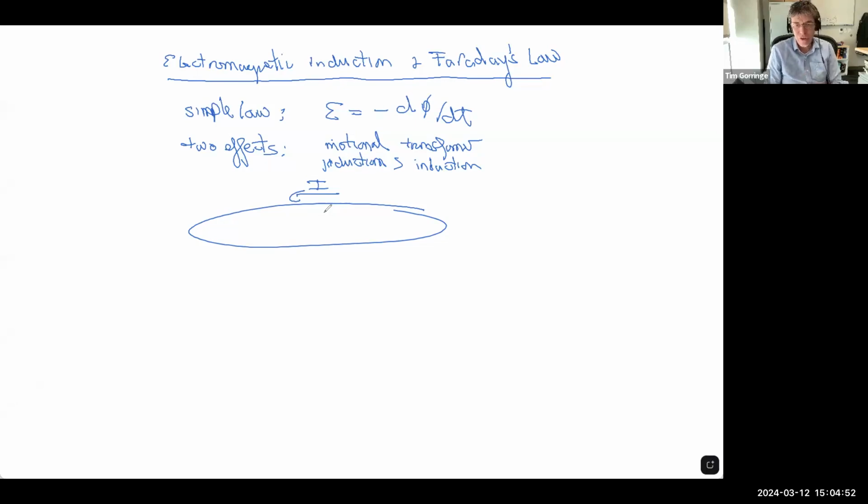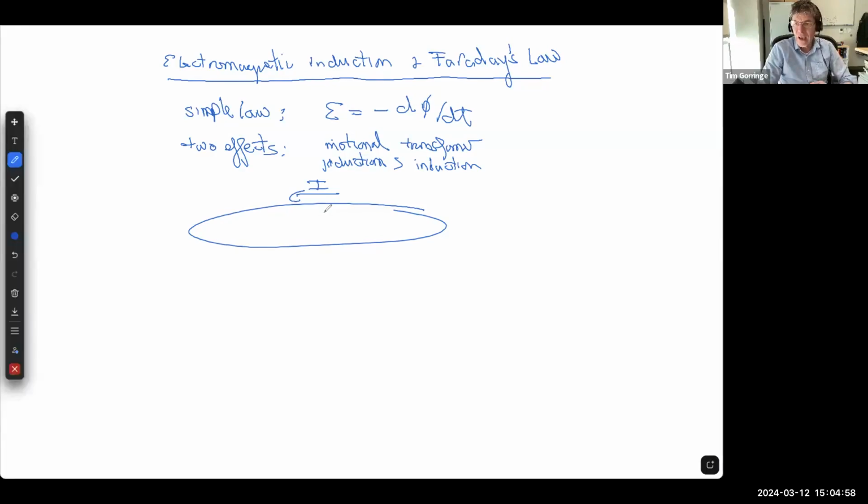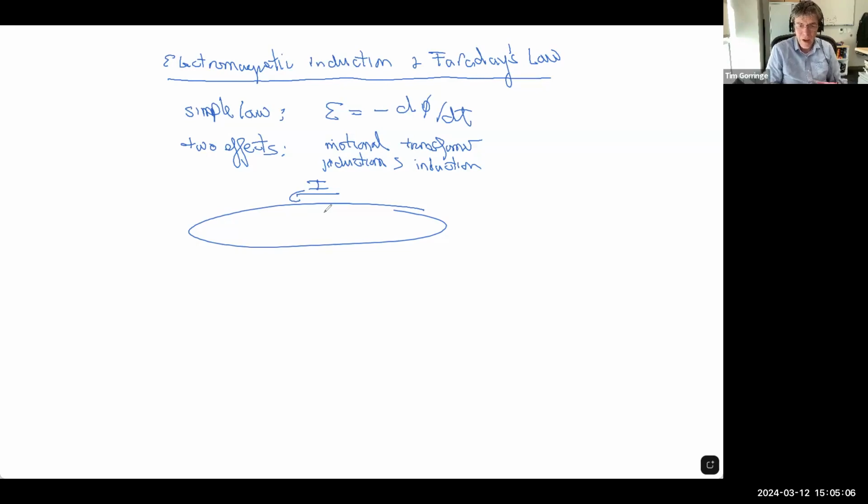Inside the loop are ions and electrons. There are metallic ions, positively charged, and negative electrons. Now, the positive metallic ions are fixed in place in the wire loop, but the electrons, or at least some of the electrons, are free to move around the wire loop.